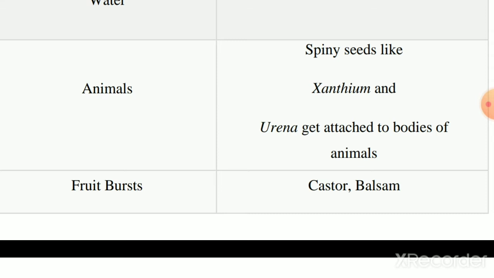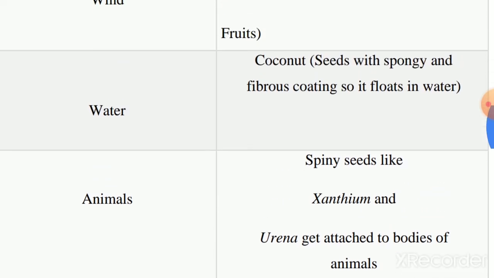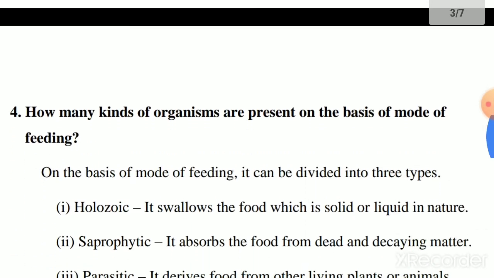So at that time it will become a new plant. Fruit burst. Once the fruit is ready to produce a new plant, from that also the seed can be dispersed. So by water, wind, animals, and fruit burst.